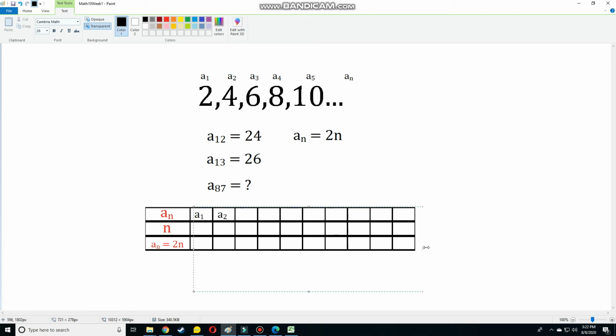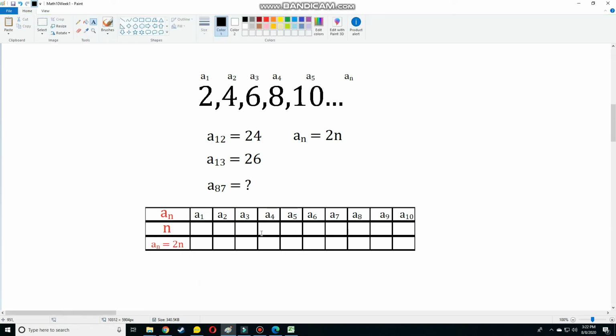So these are the terms that we are about to find: the first term, second, third, fourth, fifth, 6, 7, 8, 9, and 10.